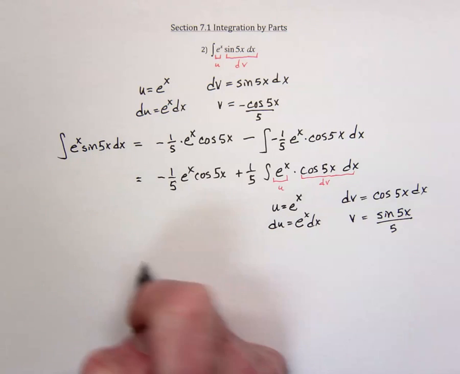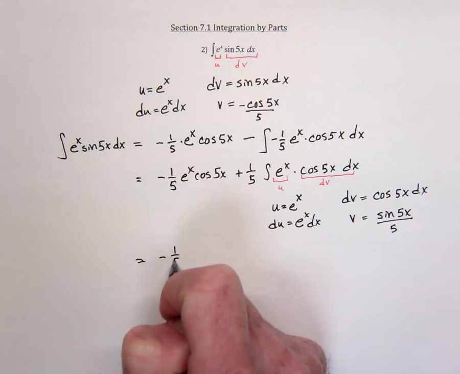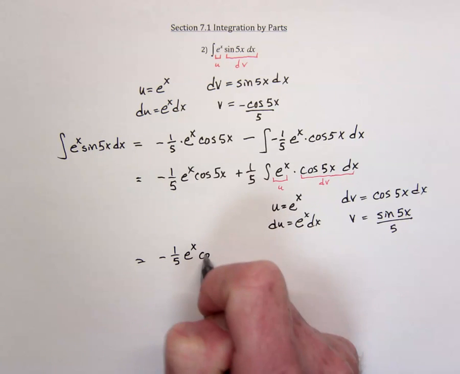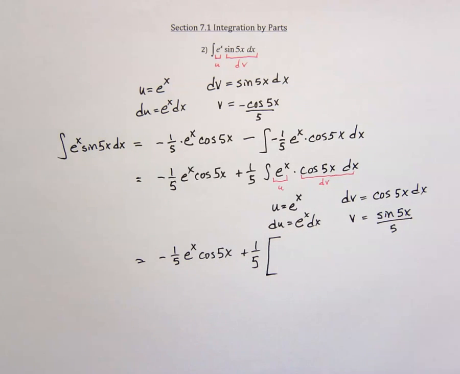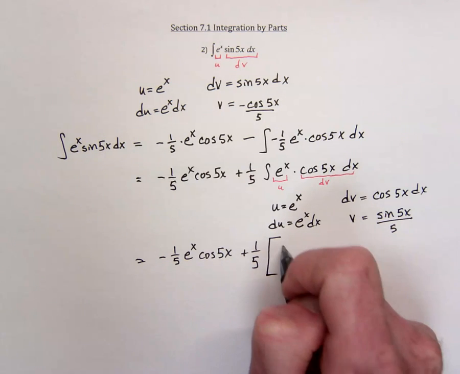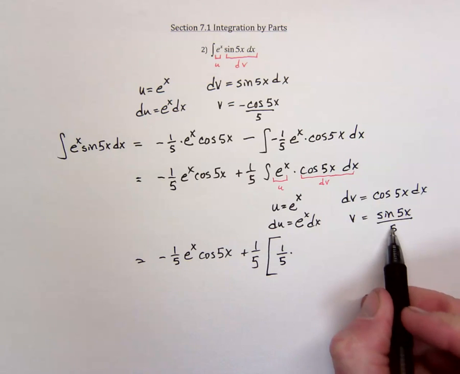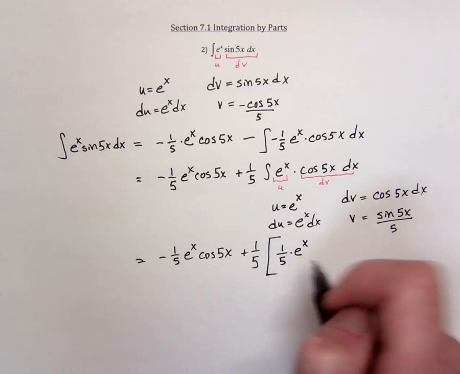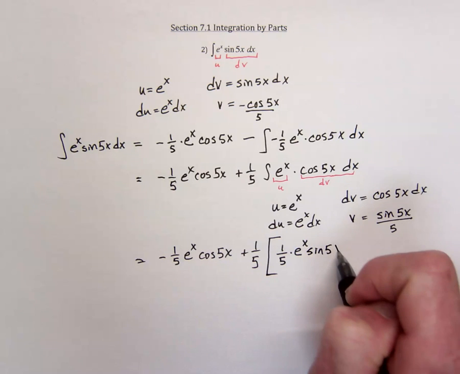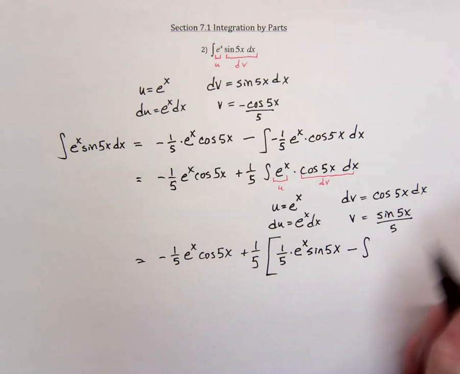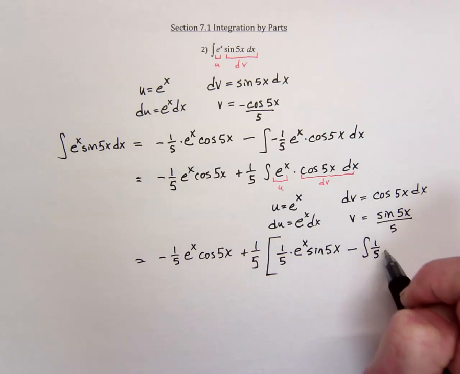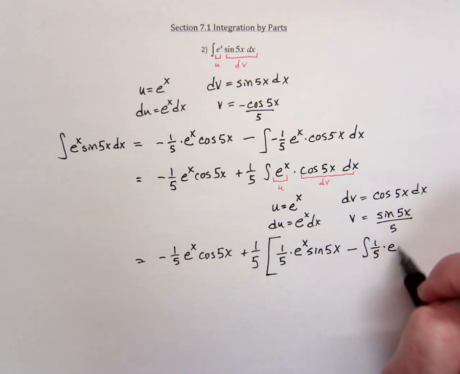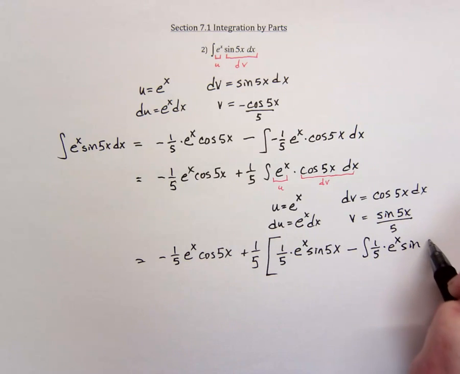So we've got a 1/5 that applies to this whole thing. The u times v will be these two. So there's that 1/5, then the e to the x and sine of 5x, minus the integral of the v times du. So that's got a 1/5 in it, and then an e to the x and a sine of 5x.